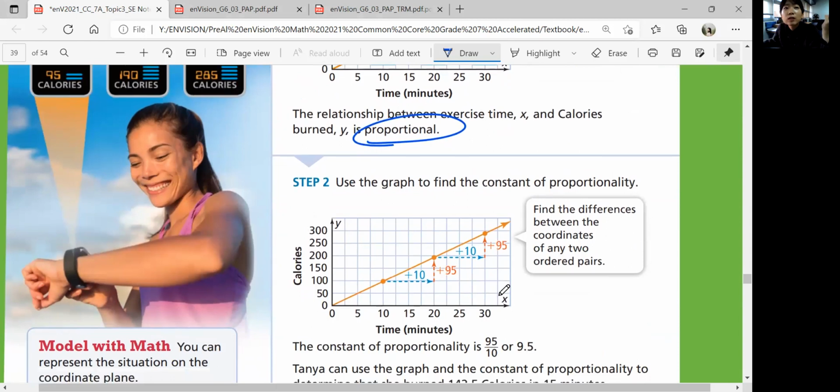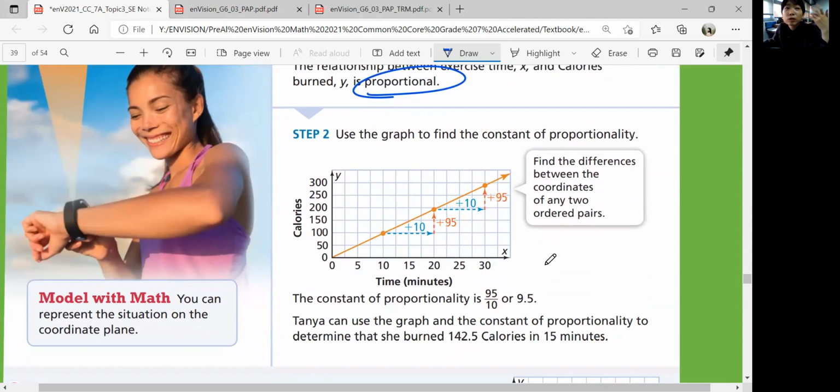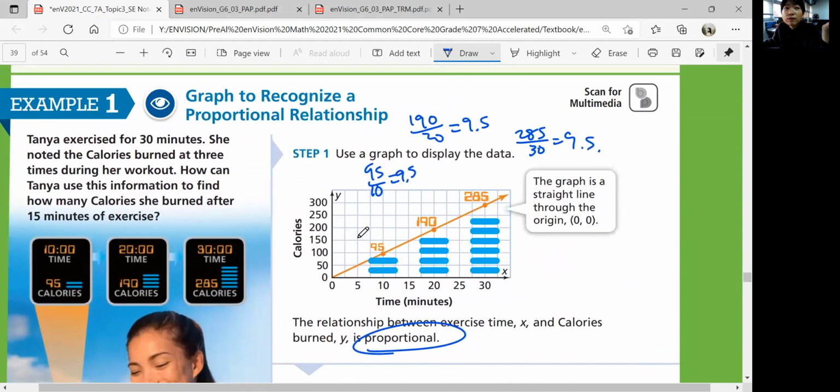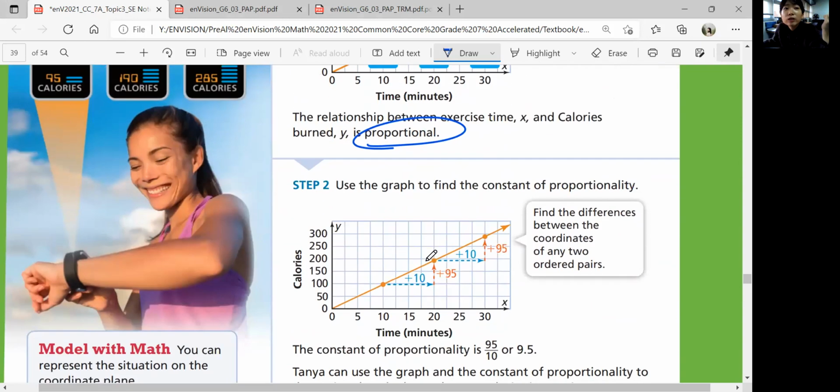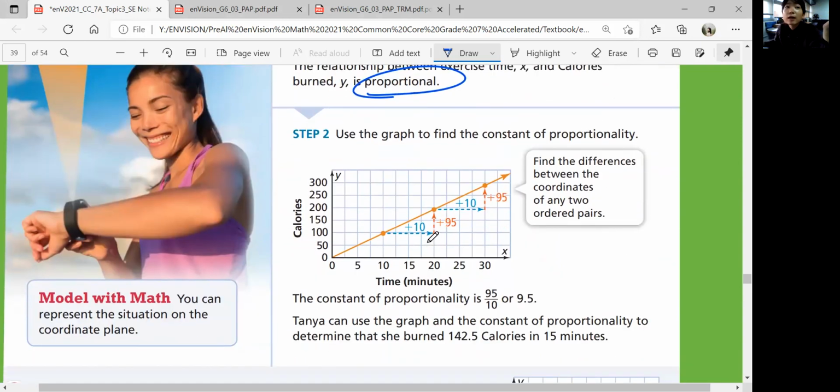And then we're going to use this graph to find the constant of proportionality, which means you divide your Y values and X values. But you can also get it by counting your slope. So from this point to this point, how much did you move? How much are Y values changing in terms of the X values?